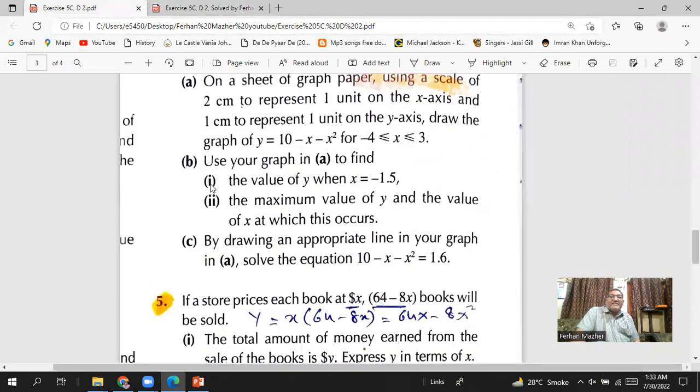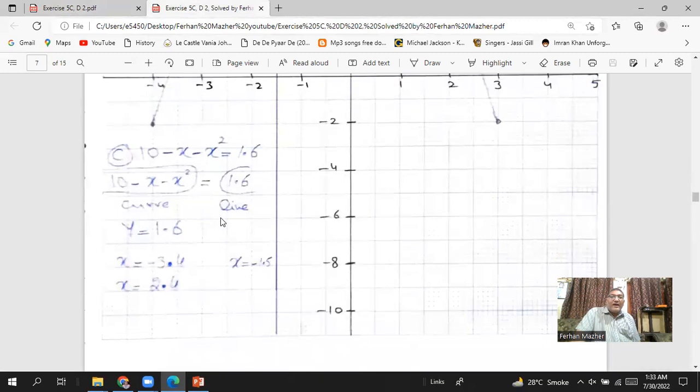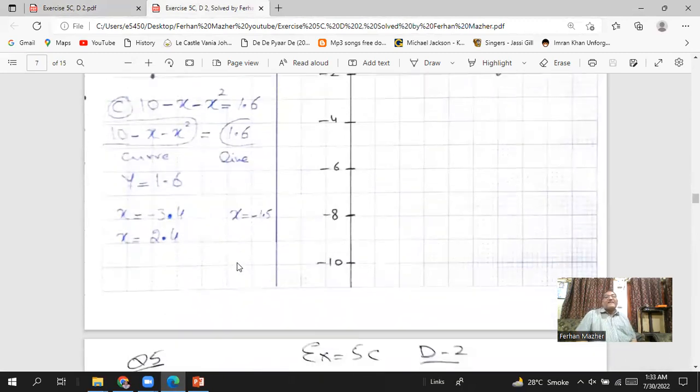And then in part c, they say by drawing an appropriate line on your graph paper in part a, solve the equation 10 minus x square equals 1.6. So if you look at this left side, 10 minus x square, this is exactly that expression whose graph you have drawn.